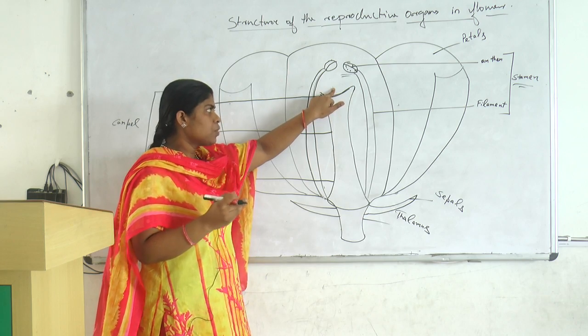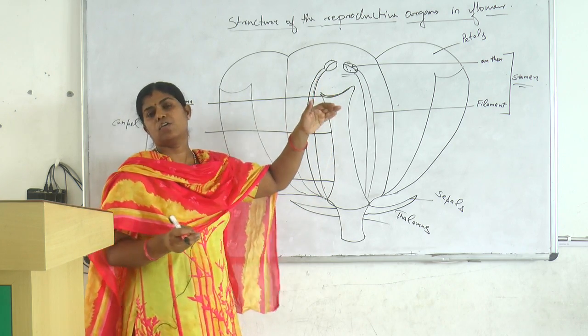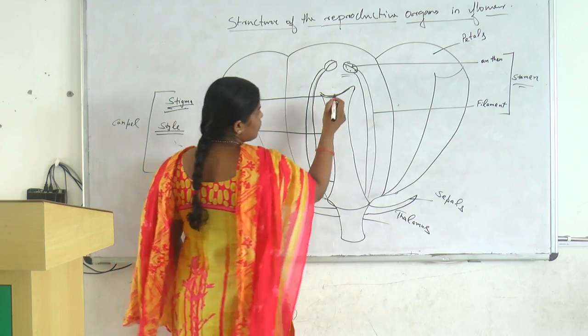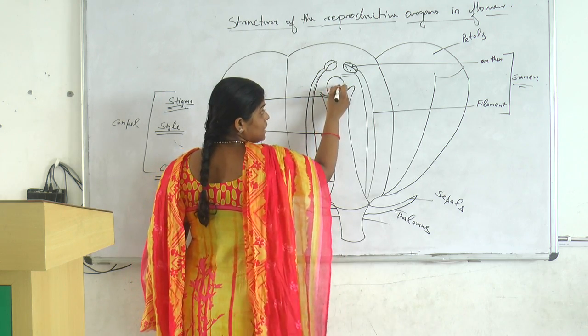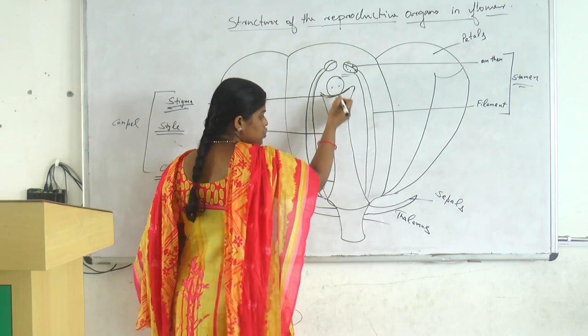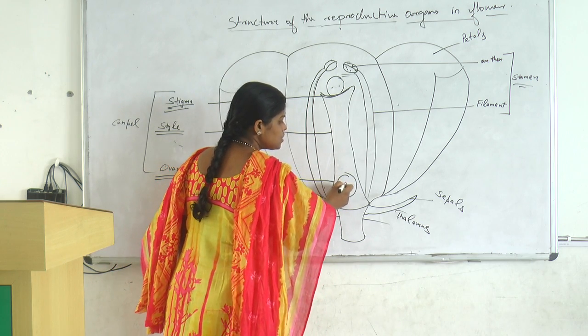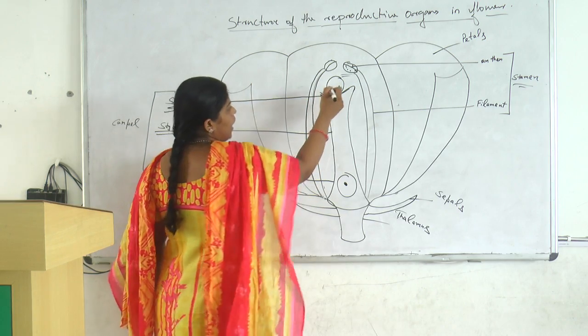So the stigma is the portion where the pollen grains land. Suppose one pollen grain has landed here. It has the male gamete, and the male gamete should go inside the flower to fuse with the female gamete, which is placed inside the ovule in the ovary.